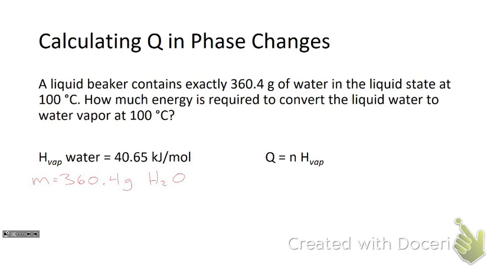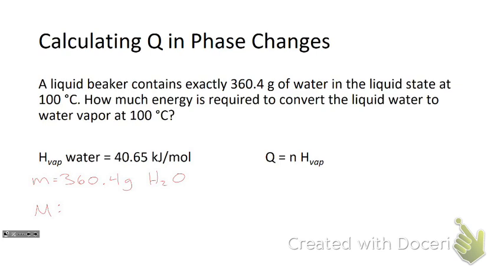Okay? So we have little m, which is the mass of our sample. Okay. So we have our mass of sample. Now we need to find the molar mass. So water is H2O. You guys need to know that water is H2O. I don't think that should be too big of a stretch.